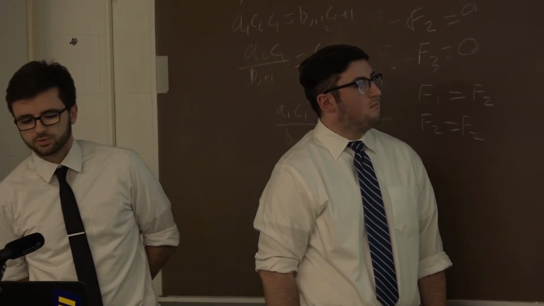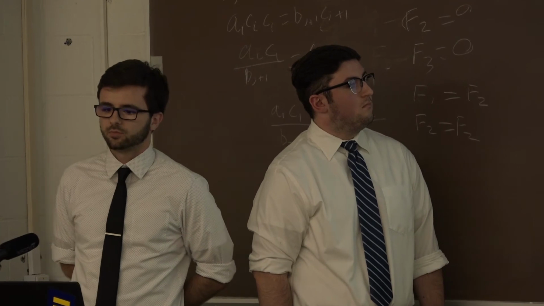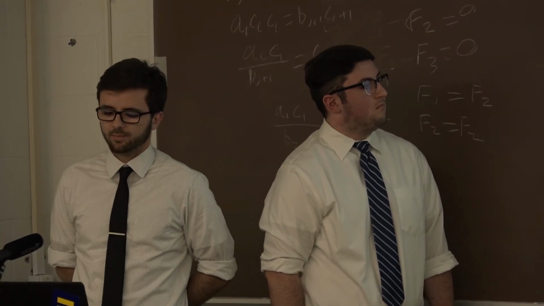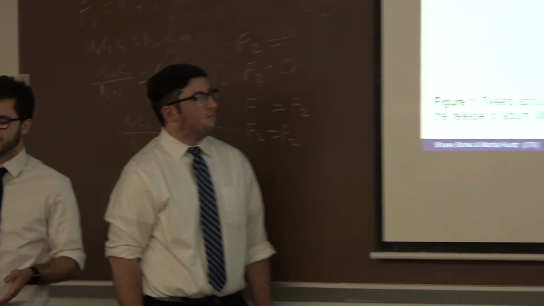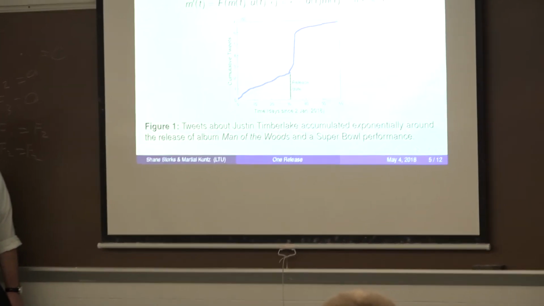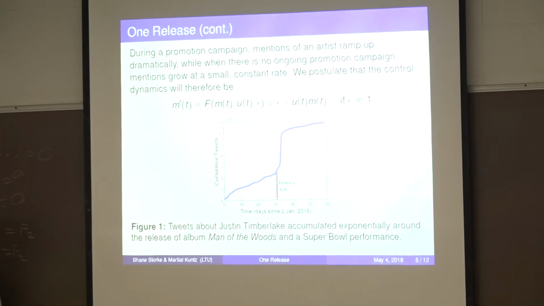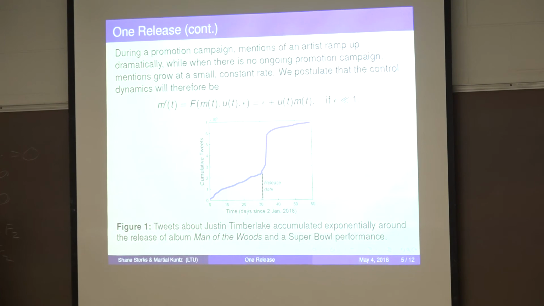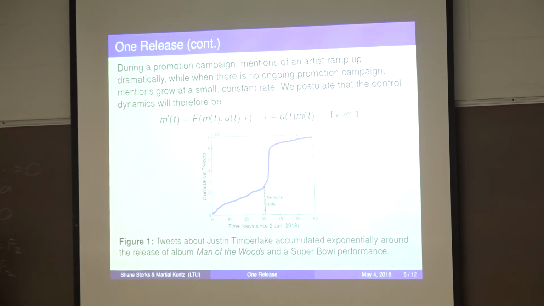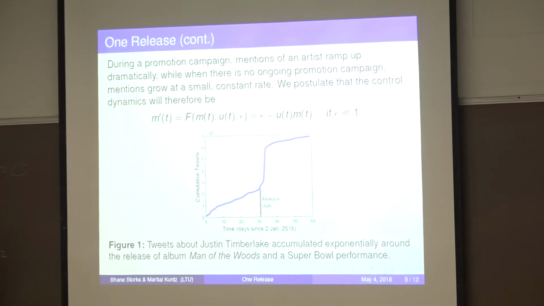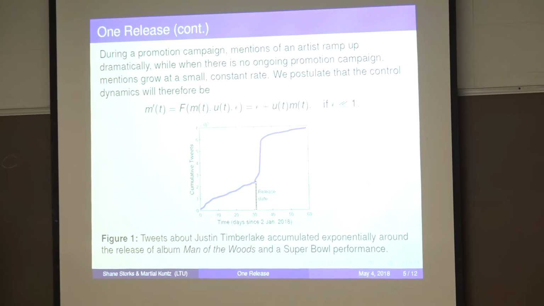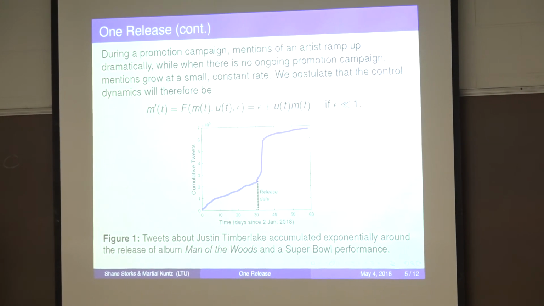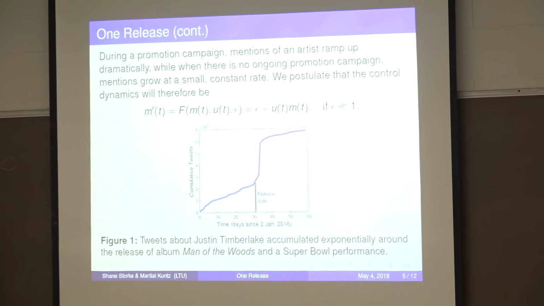Yeah, so during a promotion campaign, from the data that we collected and looked at, we saw that mentions of an artist will ramp up dramatically, but when there's no promotion campaign, they'll grow at a small constant rate. So our control dynamics are m prime of t equals epsilon plus u of t times m of t. Epsilon is the constant small growth rate that happens.